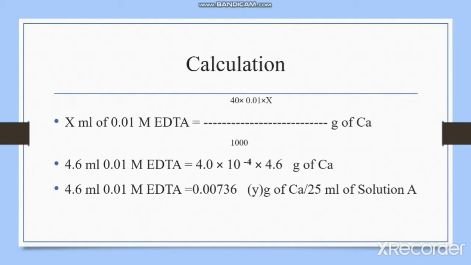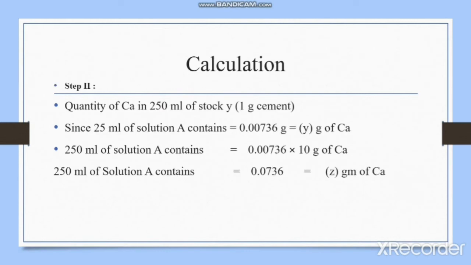That is, 4.6 ml of 0.01 molar EDTA is equal to 4.0 into 10 raised to minus 4 into 4.6 gram of calcium, that is 0.00184 gram of calcium, meaning 25 ml of sample solution contains 0.00184 gram of calcium.